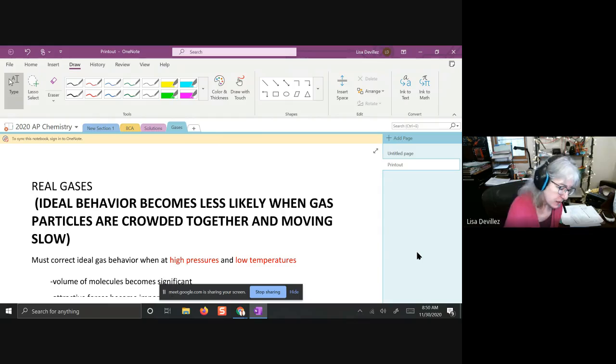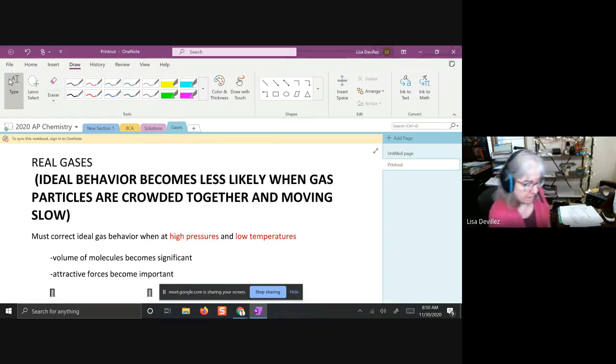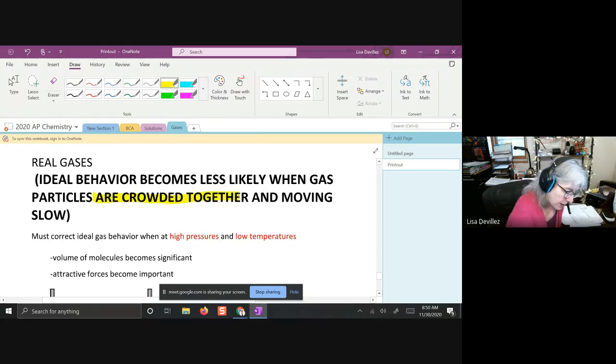All right. So here's the key thing to think about: gases aren't ideal whenever they are crowded together. That is a small volume, which also correlates to high pressure.